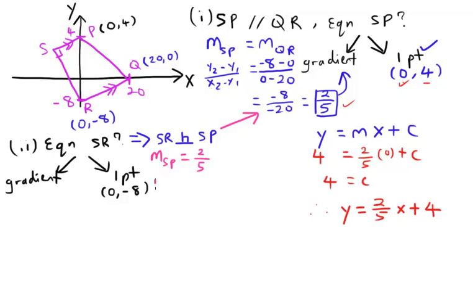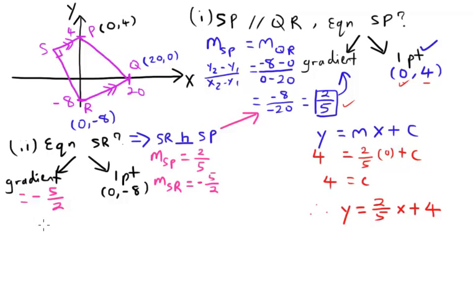When they are perpendicular, what shall you do? When they are perpendicular, you flip it upside down and then change the sign. It becomes negative. So the gradient is -5/2. So when you have the gradient, you have the point, you could find your equation easily.